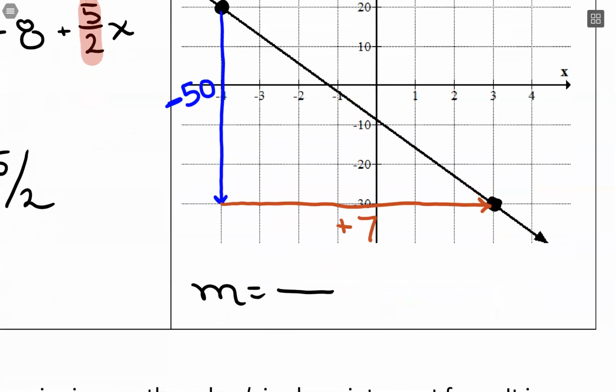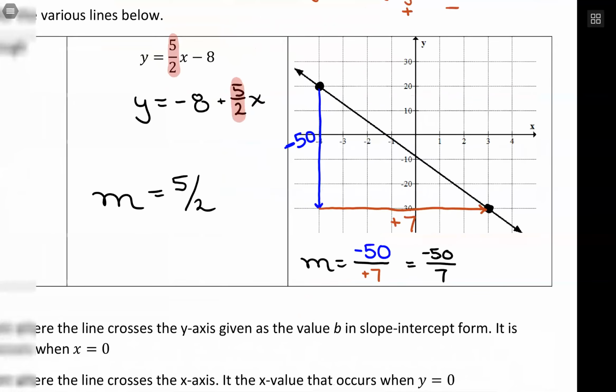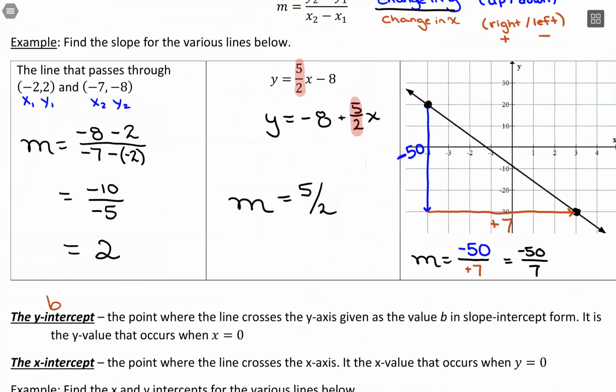So for slope, what I'm going to do is take that change in y, which is the negative 50, over the change in x, which was that positive 7. So we have negative 50/7 for our slope. So those are the different ways to visualize slope, with coordinates, or the equation of a line, or with a graph.